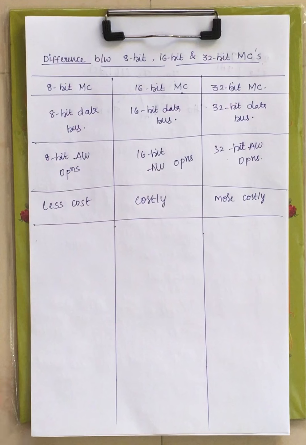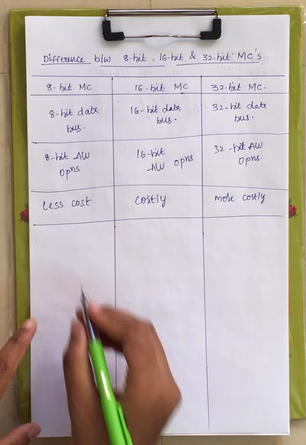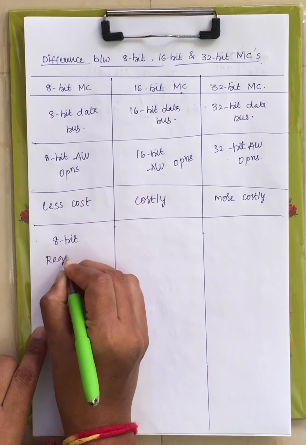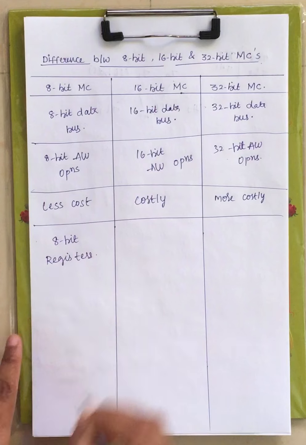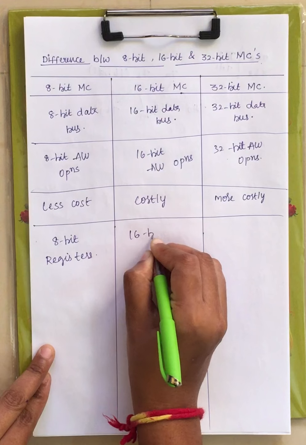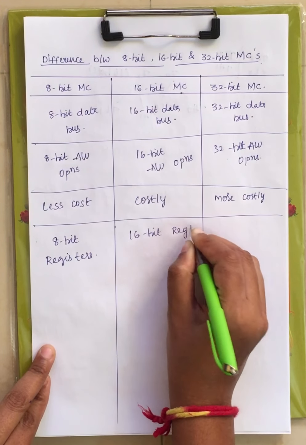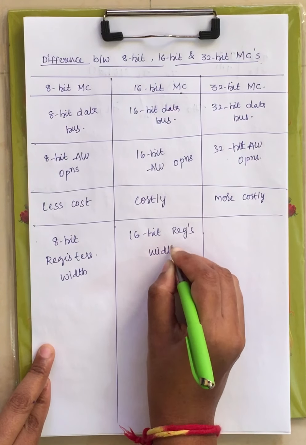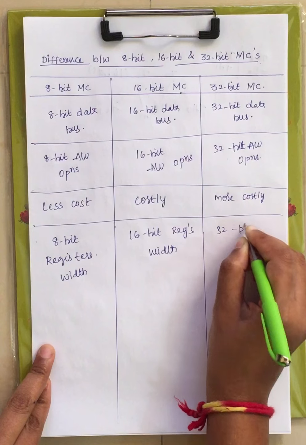Next, registers point of view. What are the registers you have? You have A register, B register and some general purpose registers, right? Whatever registers we have seen under 8051 can store 8 bits. An 8-bit microcontroller will have 8-bit registers, a 16-bit microcontroller will have 16-bit registers, and a 32-bit microcontroller will have 32-bit registers.